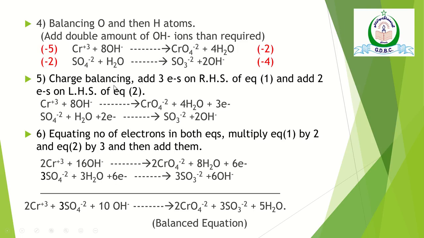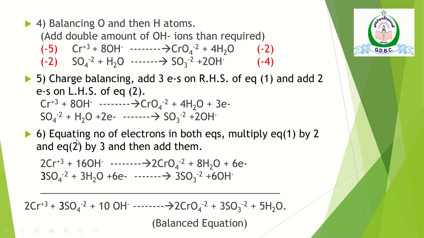So I have done this charge balancing. Add 3 electrons on the right hand side of equation number 1 and add 2 electrons on the left hand side of equation number 2. So this is done here.